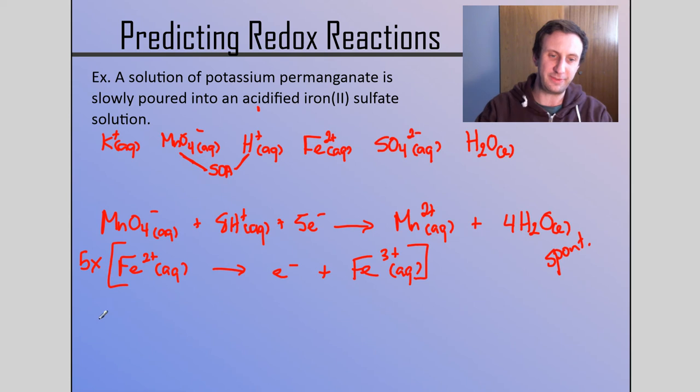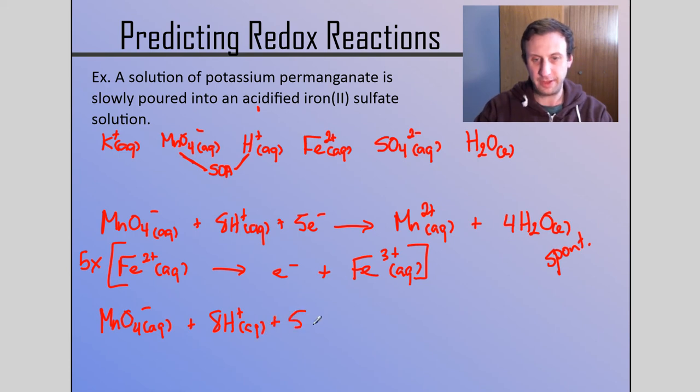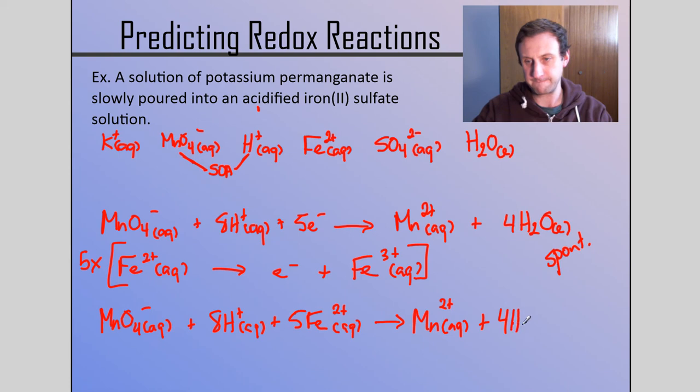So when I combine this into my net, what I end up having is MnO4 minus aqueous plus 8H positive aqueous plus 5 Fe2 positive aqueous makes Mn2 positive aqueous, 4 waters, and 5 Fe3 positive aqueous. Oh, just barely fit in there.